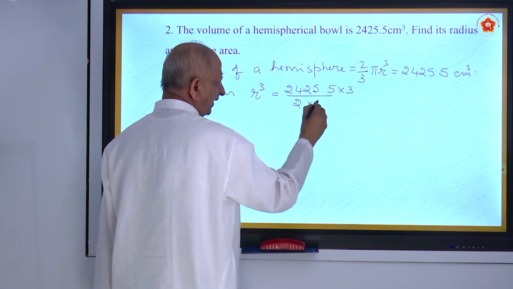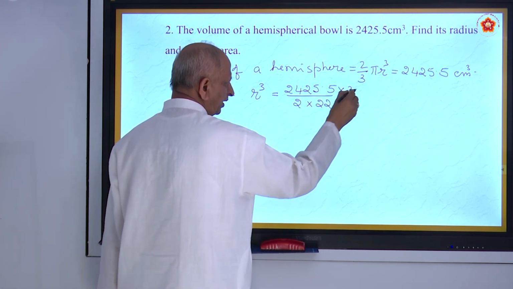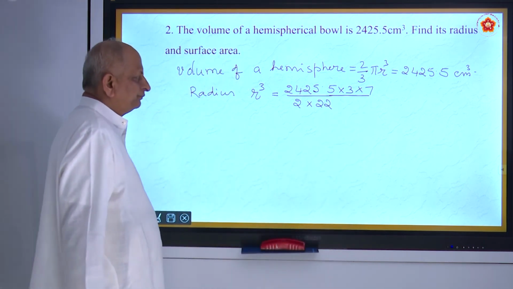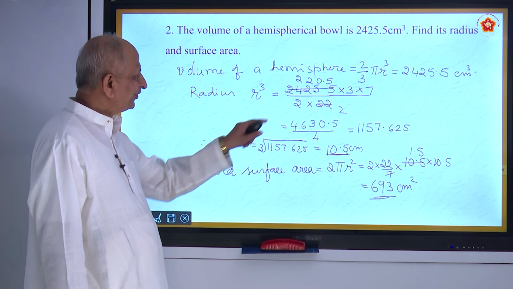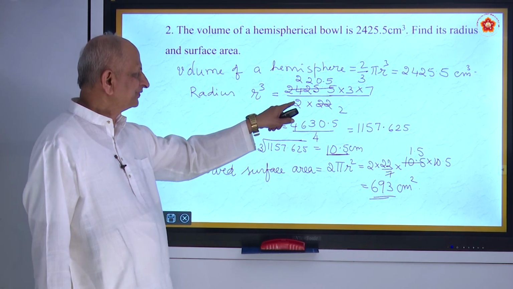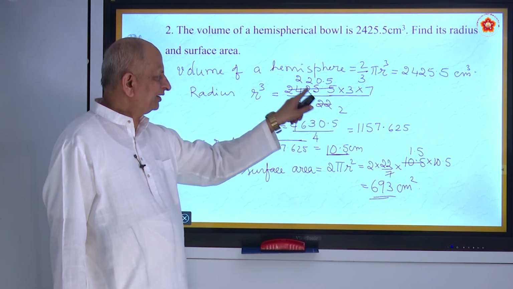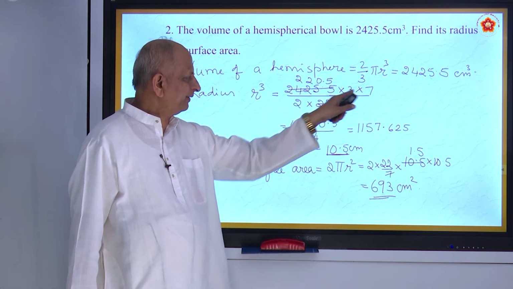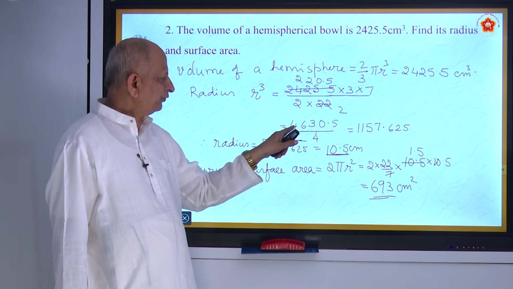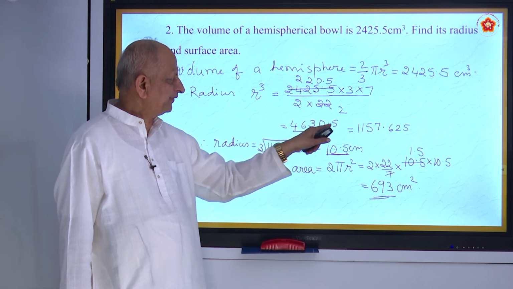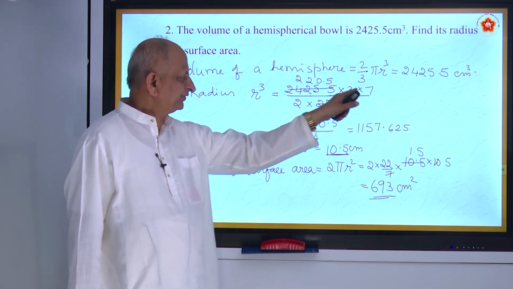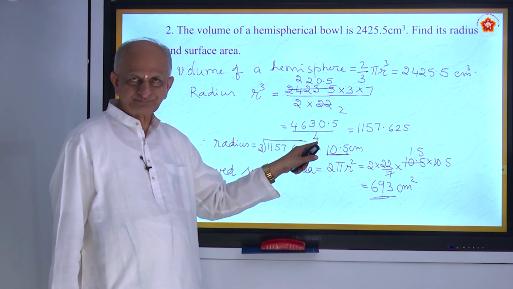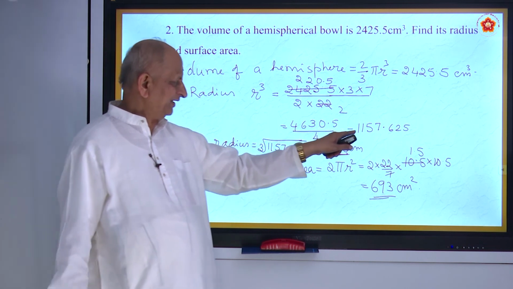And when you divide by pi, 22 will come down, 7 will go up. Is it okay? So in calculation, 11 twos are 220.5 into 21 by 2. So you have 4630.5, multiply these 3, and denominator you have 4. You can try yourself.